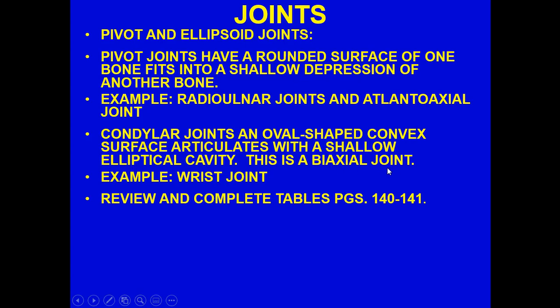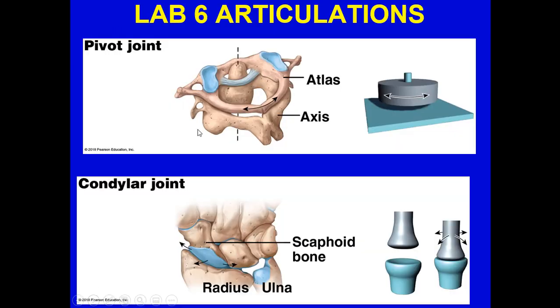An example of that would be, of course, the wrist joints. And I encourage you to complete and review tables on 140, 141. So here is an example of a pivot joint. It's going to go side to side, no problem. A condylar joint, you have here is the scaphoid bone, and it's going to move in different sides against the radius.